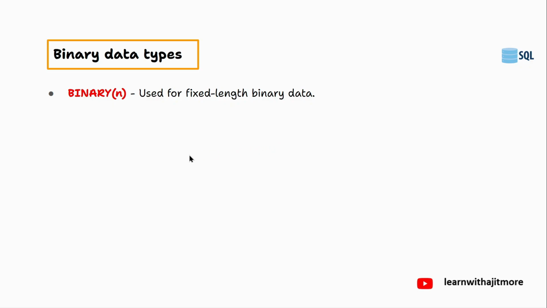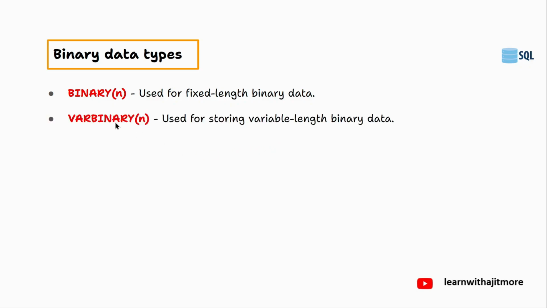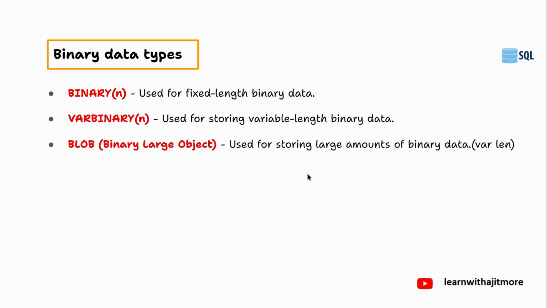Okay, and we have variable binary also, in which it will take only that many bytes as are needed. Here maybe I have given 2000, but your data is only of 150 bytes. So the remaining are not filled with 0, 0, 0. It will take 150 only. As much is needed, it will take only that much. Okay? So used for storing variable length binary data.